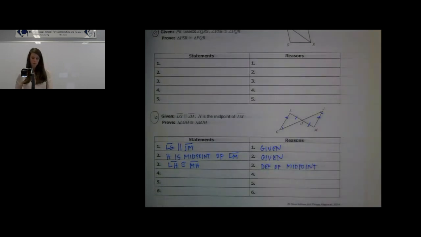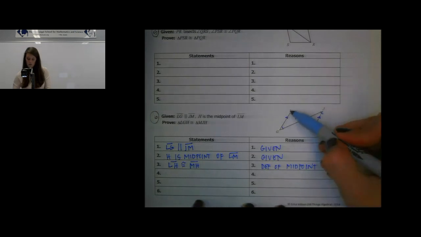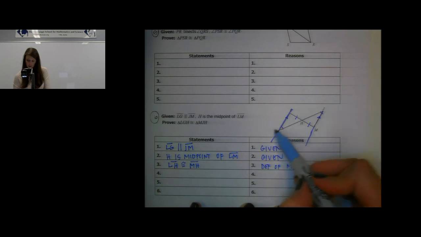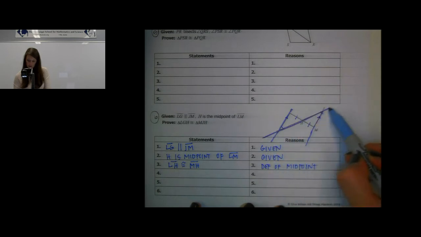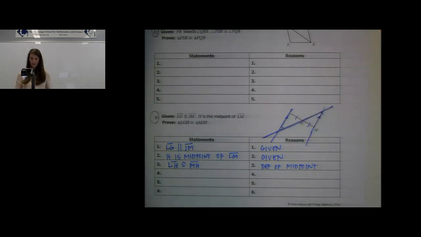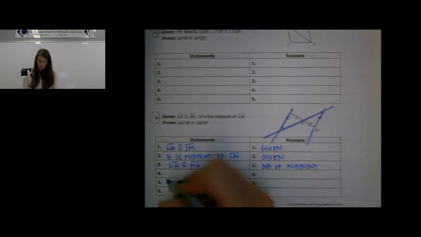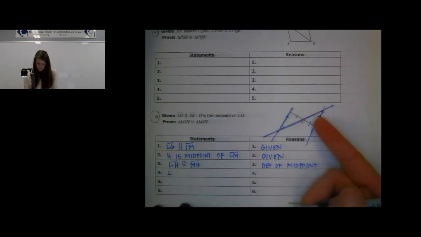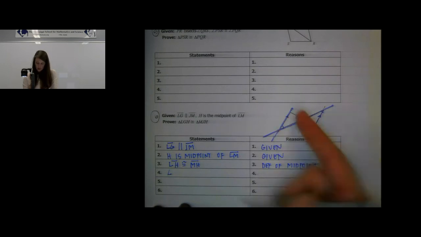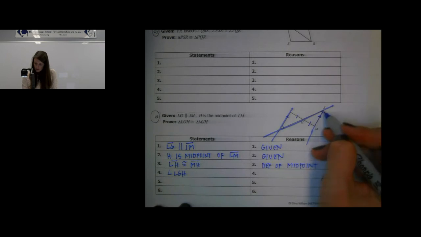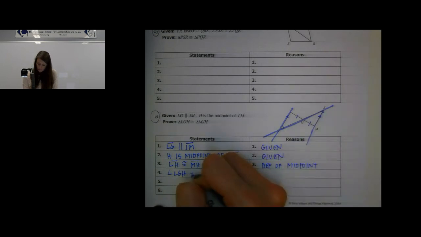So remember, if you kept drawing your parallel lines right there, and this was your transversal, then those two angles are alternate interior angles. So angle LGH and angle MJH.